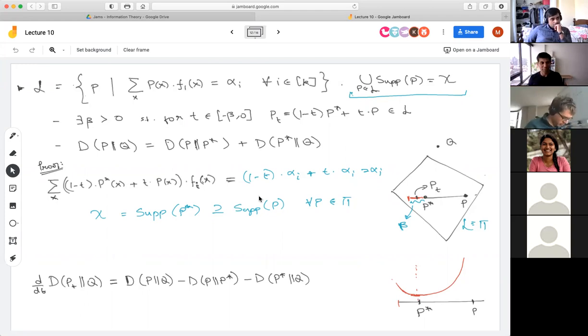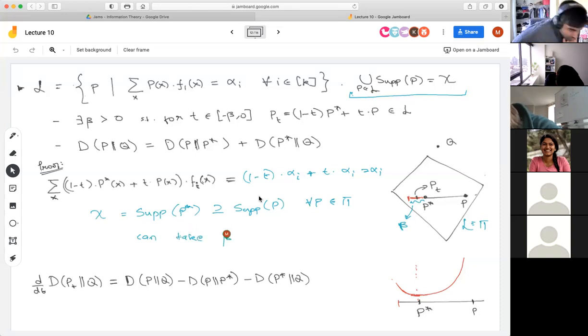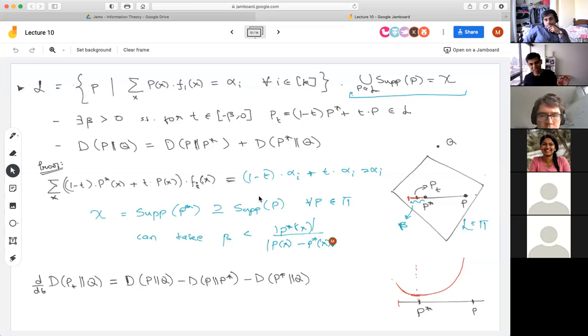So each is some number, say 0.1. If it's 0.1, we can at least move it a little bit in the other direction before the smallest number appearing in the probability distribution goes down. So we can at least move for beta, which is smaller than the smallest value in P star divided by this, which is how much taking negative t would decrease the value.